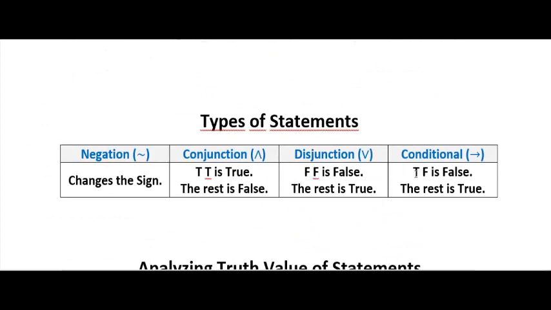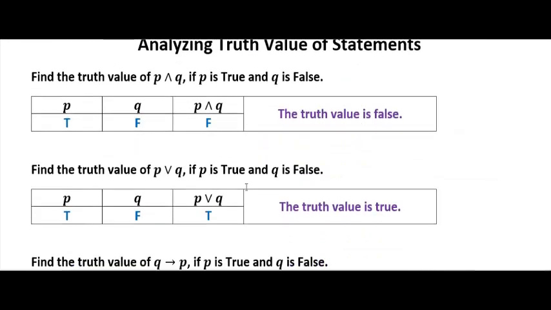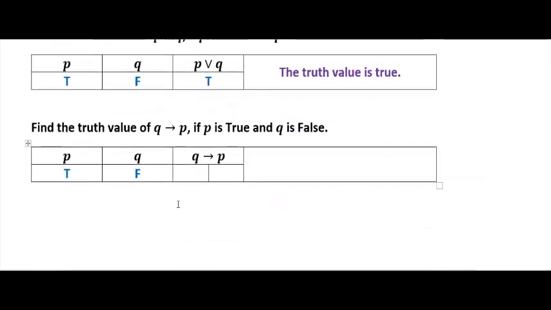This thing is false only if I have T on the first one and F on the second one. Now, who is the first one here? Check the statement. The first letter that is mentioned is Q. So the first one is actually Q, so the first one is F. And the second one is P, so the second one will be T.